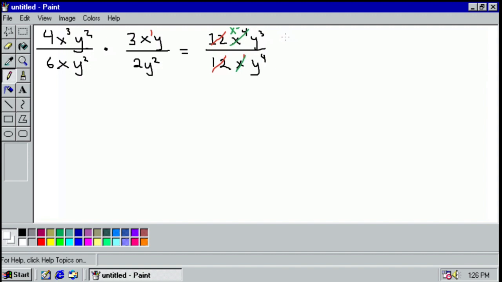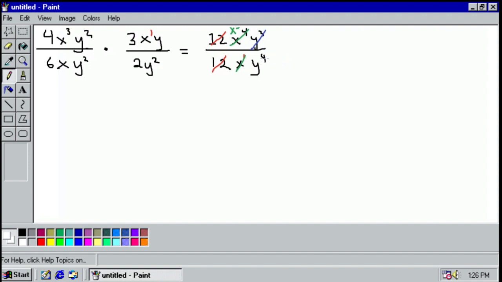Then here, the exponent of this part is greater than this one, so this will get cancelled. Since our exponent here is 3, we're gonna subtract 3 from that.